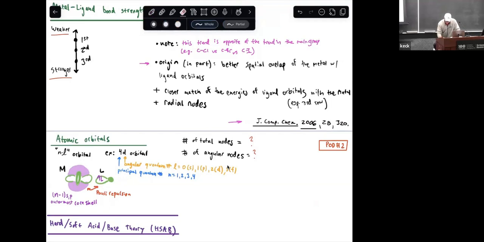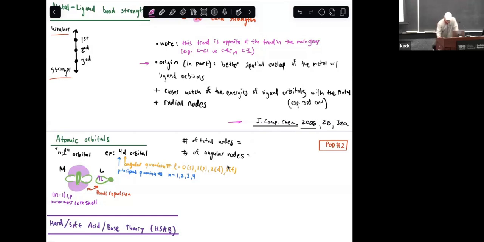So for example, for any nl orbital, such as the 4d orbital, we have our principal quantum number, in this case 4, and our angular quantum number, which in the case of a d orbital is 2. Does anybody remember what this defines in terms of the total number of nodes of these orbitals and the number of angular nodes total? First, Julian?